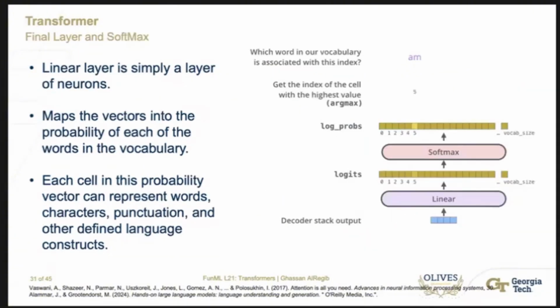So in the linear and softmax phase, after passing all the decoders, we are basically trying to map what we have learned through the decoding phase with the established vocabulary set in the model.